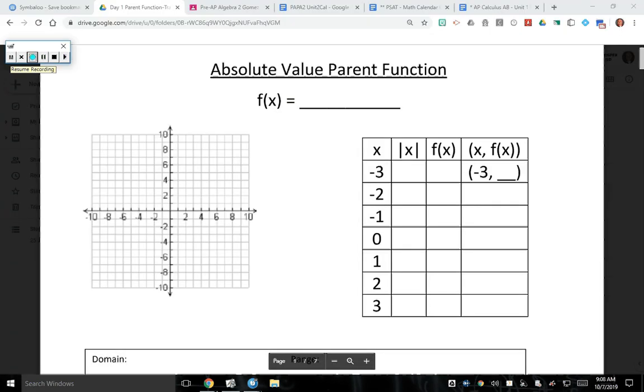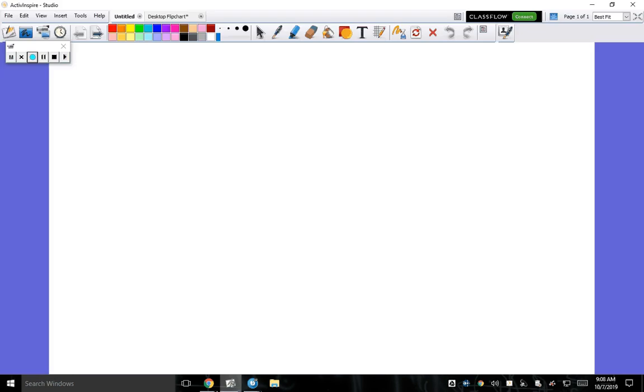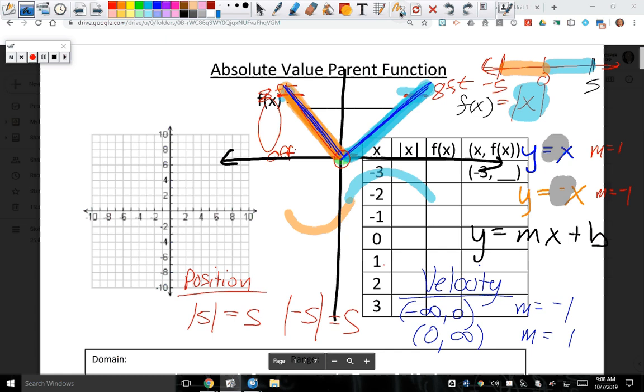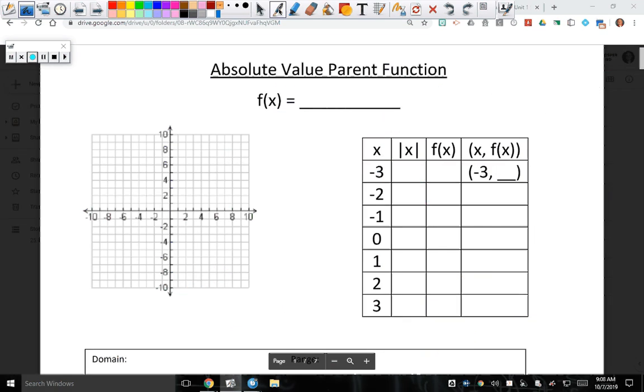The absolute value parent function begins with f of x is equal to the absolute value of x. So again, the big thing is that the absolute value representation is also saying that's the distance away from 0. Okay? Alright, we'll get to that here in just a bit.